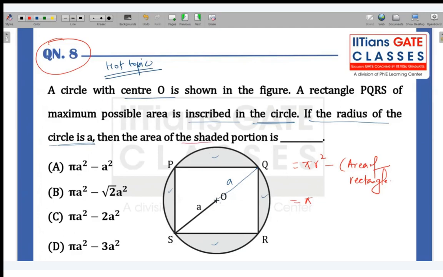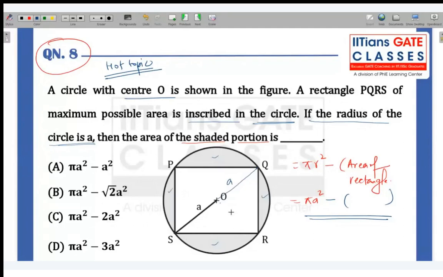I believe many of you might have got the answer. Can somebody answer this question? Pi a square is the first term, minus the area of the rectangle, which you have to find, because you don't know the side lengths of this rectangle.